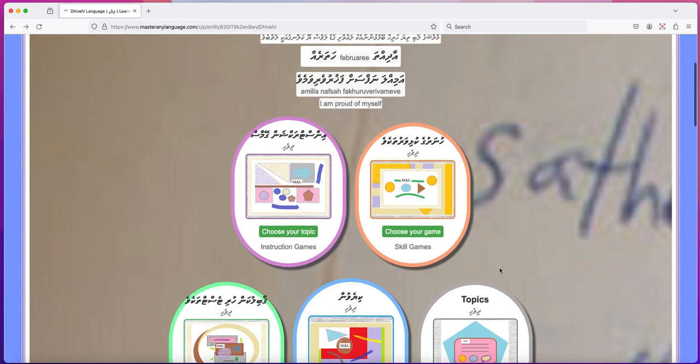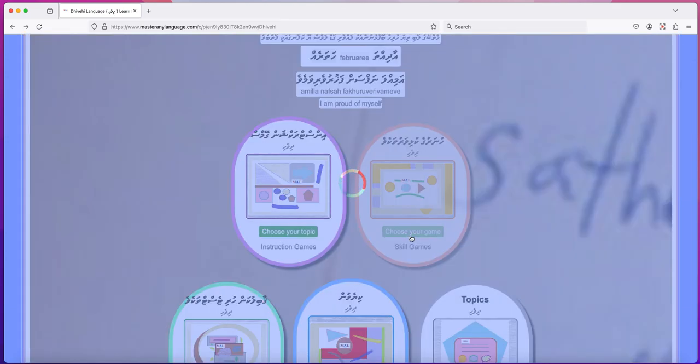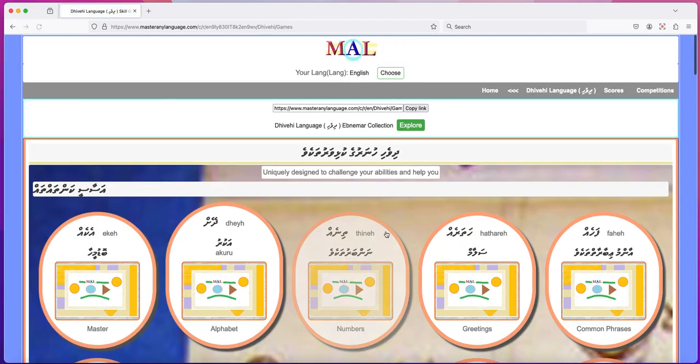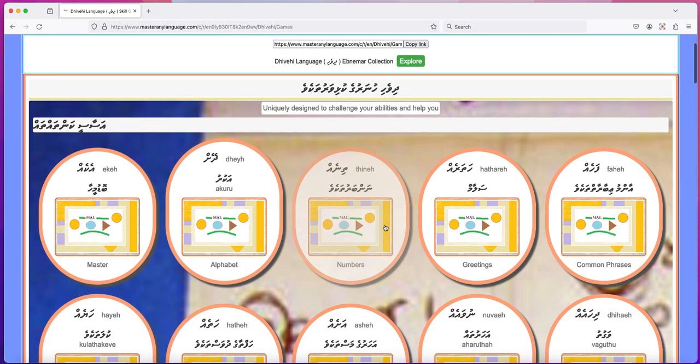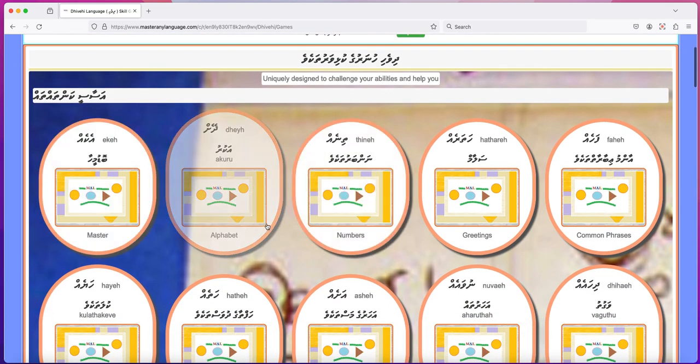All right. So let's go through the numbers practice game. So we're going to go to skill games. Okay. And then in skill games, we're going to find numbers.